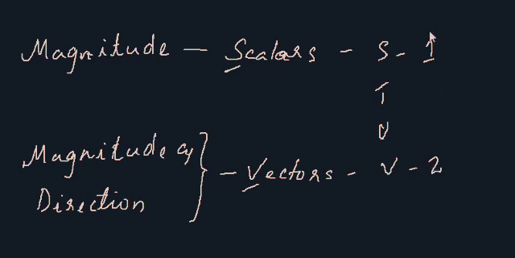So S uses one parameter, that is magnitude, for a complete description, whereas V for vector uses two parameters for a complete description, that is magnitude and direction. So if you understand this, you can anytime remember which is scalar and which is vector.